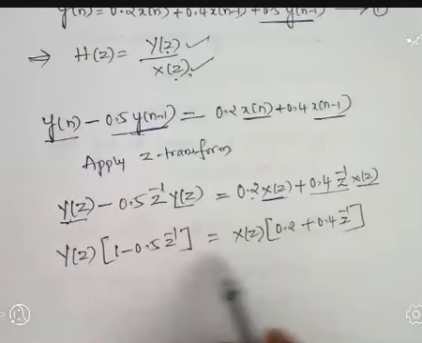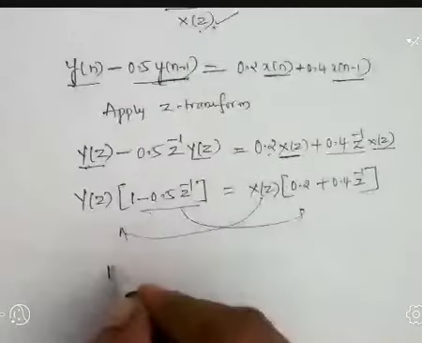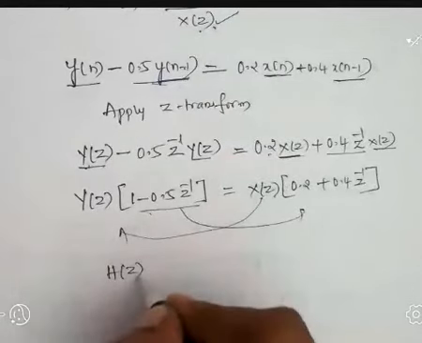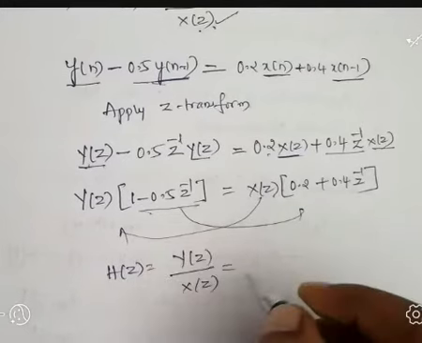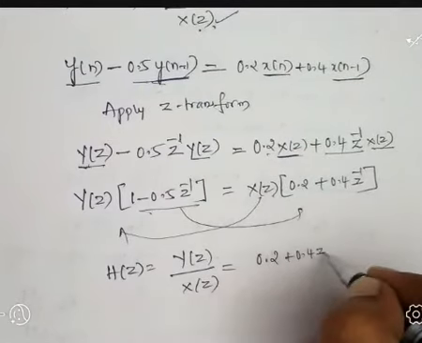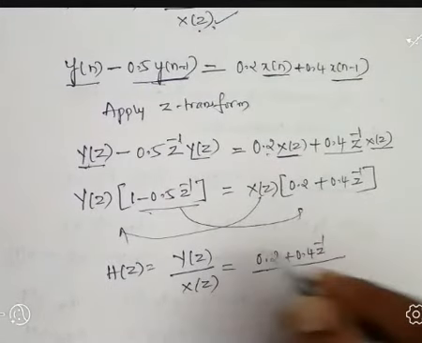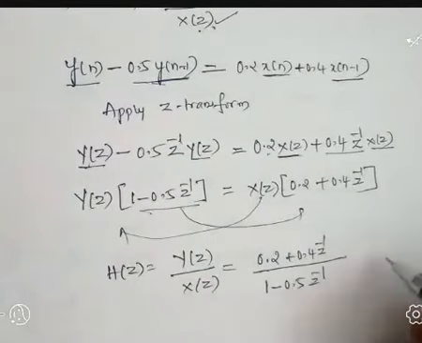So take this X(z) towards this side and this term towards the other side. Hence H(z) is equal to Y(z) divided by X(z), equal to 0.2 plus 0.4 z to the power minus 1 divided by 1 minus 0.5 z to the power minus 1. So equation number 3.